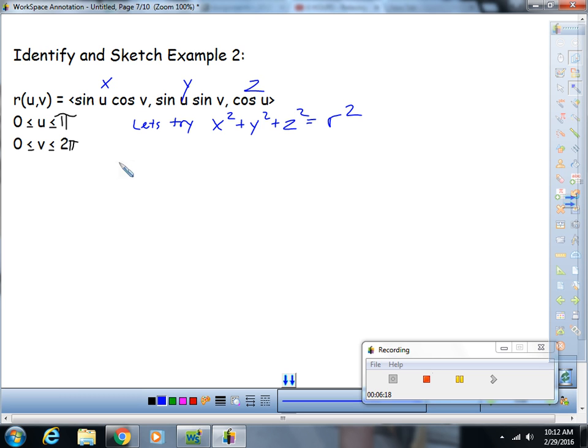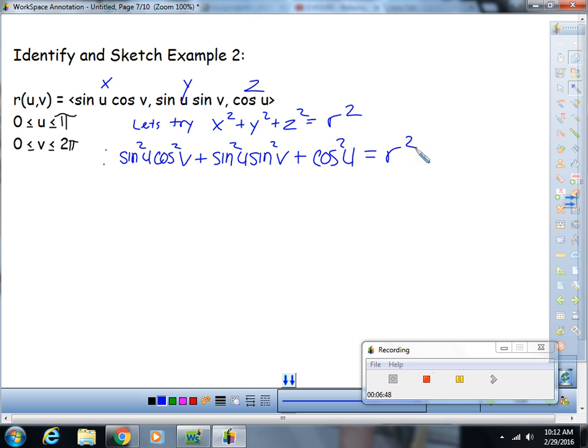So this would be x squared, sine squared u cosine squared v plus sine squared u sine squared v plus cosine squared u equals r squared.